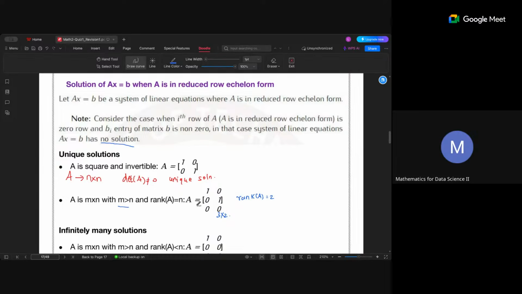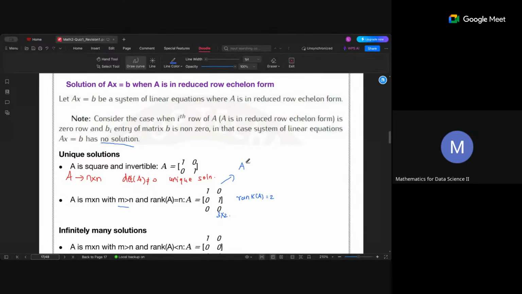Under this assumption, we can say that this has a unique solution. Okay, is that clear? Ma'am, could you please repeat that one statement regarding the zero row? Okay, so here what I am saying is, let us consider two different scenarios for the same matrix.